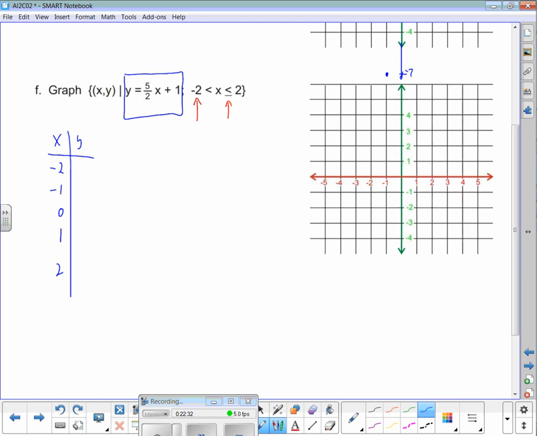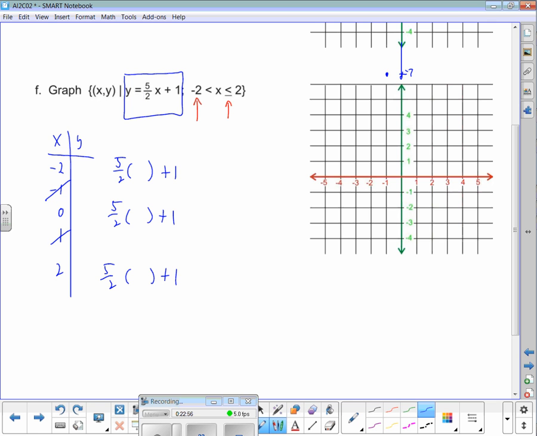I really just need the 2, but you'll see that in a minute. Okay, let's go ahead and do our function each time. For time's sake, I'm going to skip -1 and 1. We don't need them. Let's go 5/2 for the 0, and let's go 5/2 for the 2.